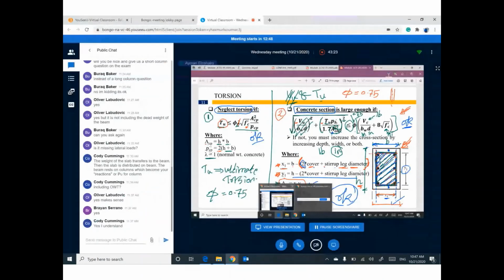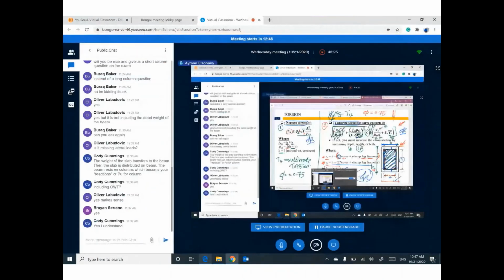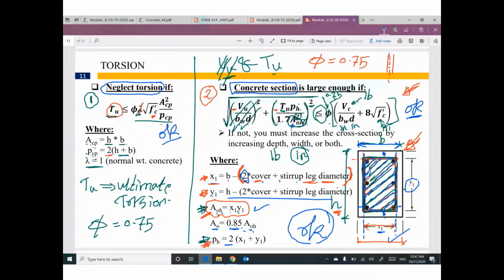Okay? So please make sure you did this relationship correctly, because Burak, for example, found the cross-section is not enough, so he stopped.